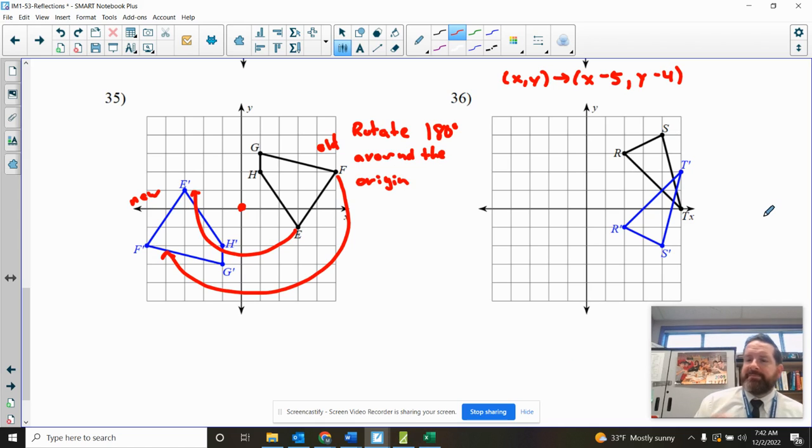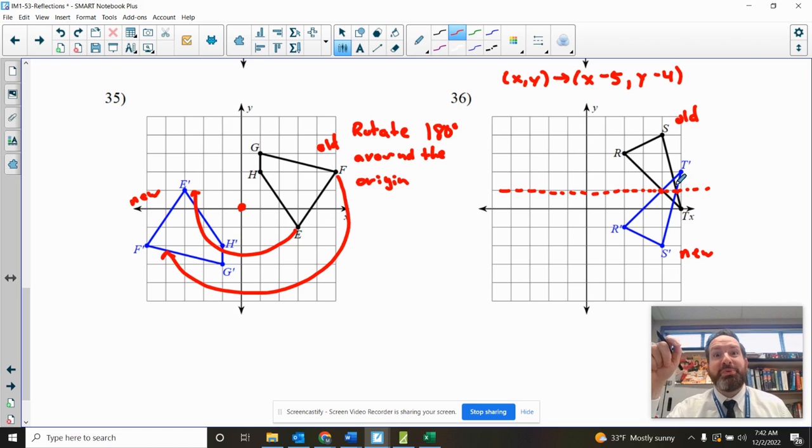And then lastly, when my shape is kind of on top of itself here, this is usually a telltale sign of a reflection. So let's see if I would put my mirror line, and look, I'm putting my mirror line this way. The place where your old shape and your new shape cross each other. So there and there, those are points that have to be on your reflection line.